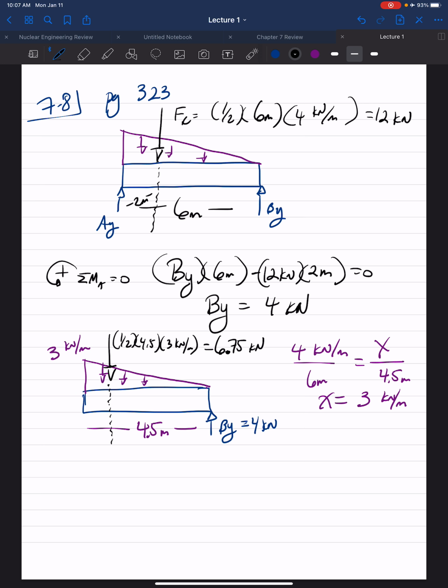And it acts 1.5 meters away. This distance here is 1.5 meters.